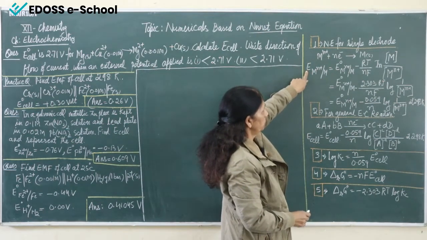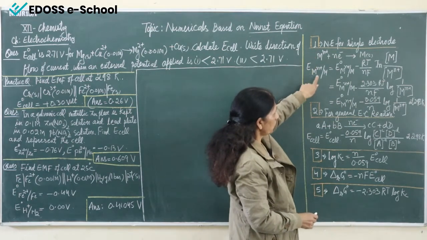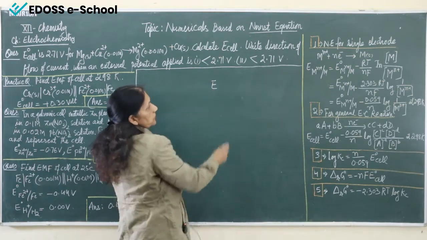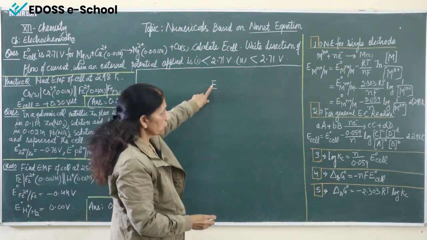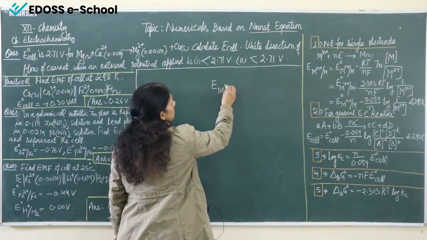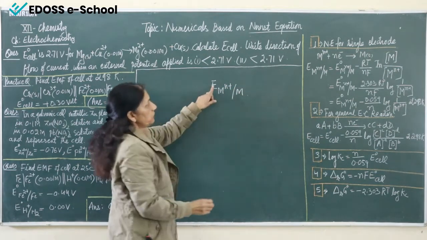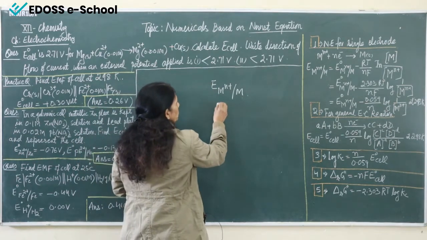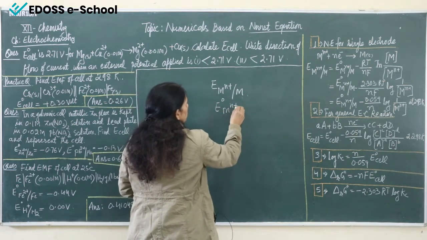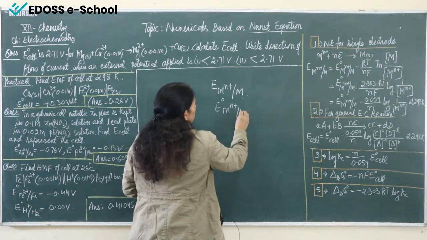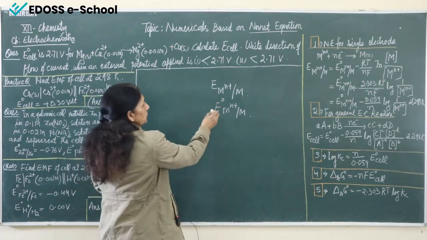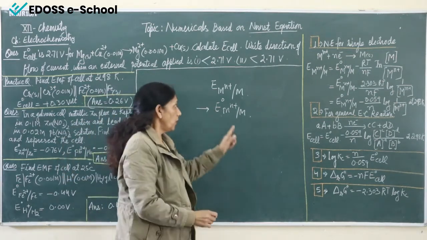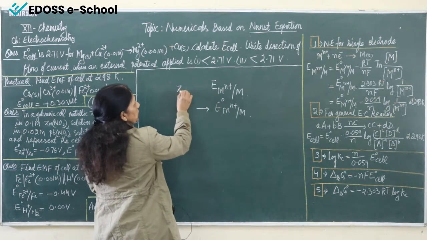This is E of the electrode, of this single electrode. Here one is E, the electrode potential of M, and if I put the E naught sign on it, what is the difference? Suppose this M is zinc.